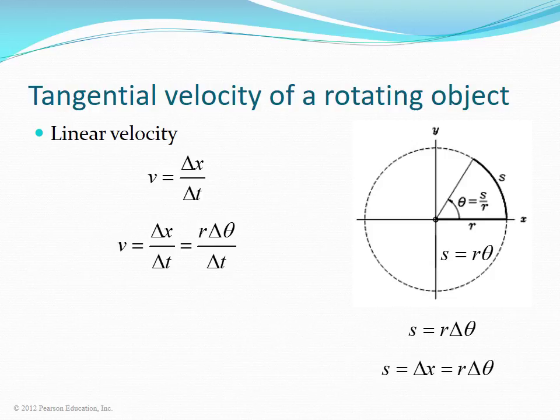Rearranging just a little, we find that the linear speed is r times the rate of change of the angle. But the arc length is also the distance traveled, what we call delta x in linear speed, which means the distance traveled is r times delta theta. The tangential speed is the radius times the angular speed.